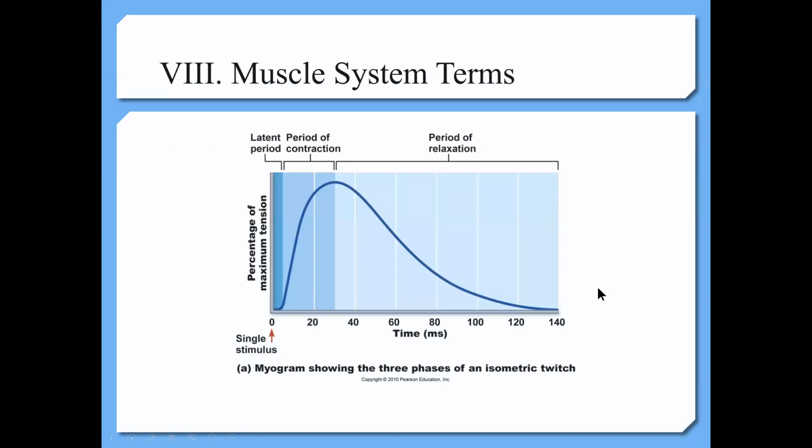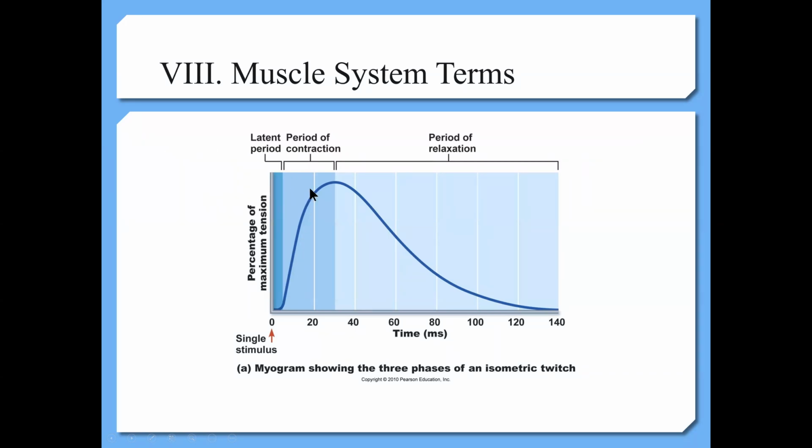This is what a muscle twitch looks like. We have a time element here, and then we have a generation of tension. We could also have a muscle length, where this is 100% muscle length, and then we could look at the length as we generate tension.